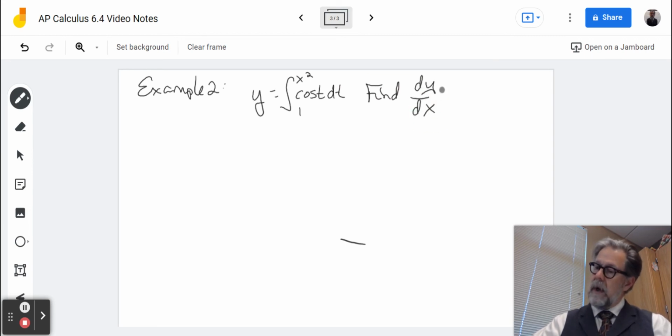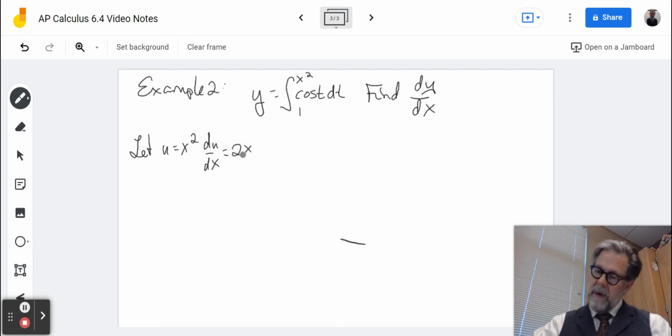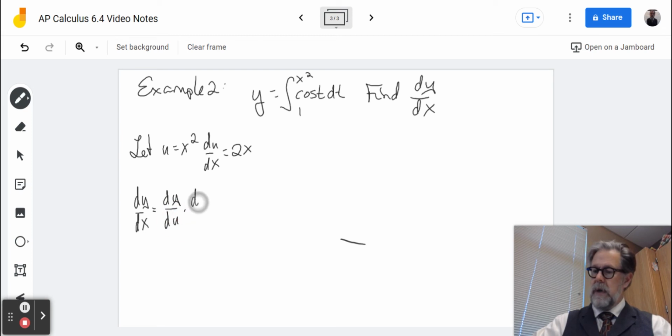Let's let u equal x squared, which means that the derivative of u with respect to x is equal to 2x. The chain rule says that dy/dx can be written as dy/du times du/dx.